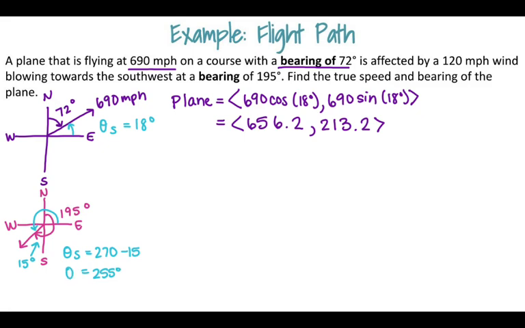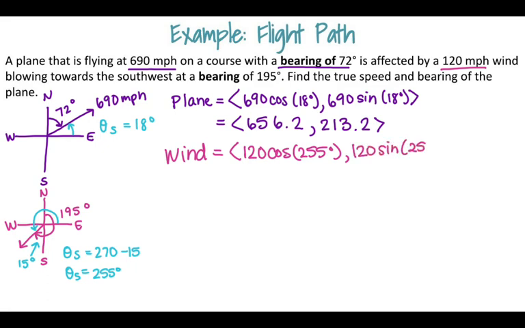That's the angle measurement I am going to use to find the components for the wind. My magnitude for the wind is 120 miles per hour, so I'm going to do 120 cosine of 255 and 120 sine of 255.